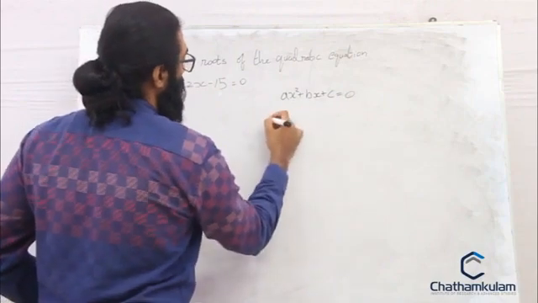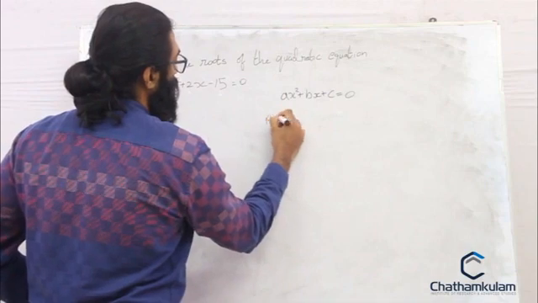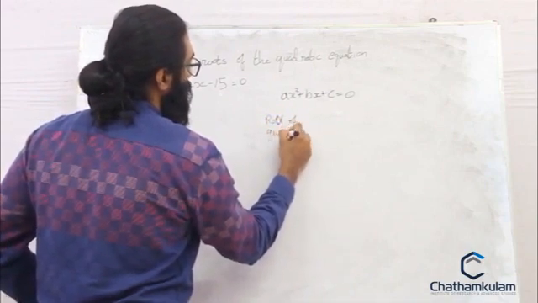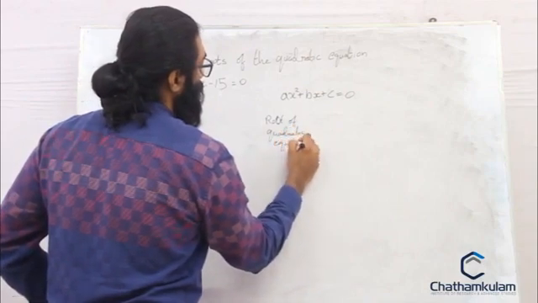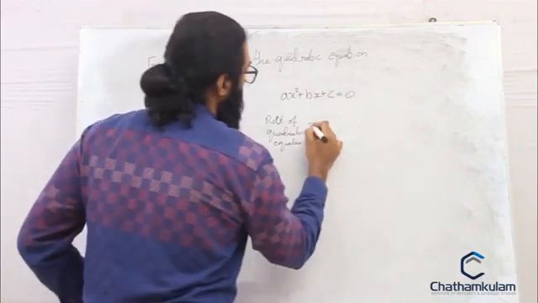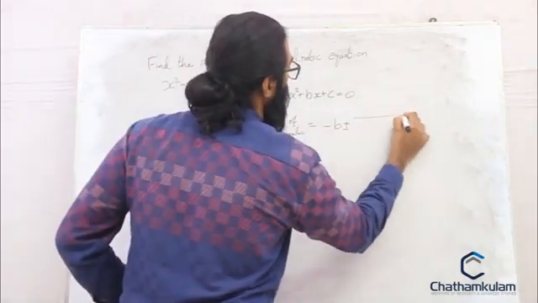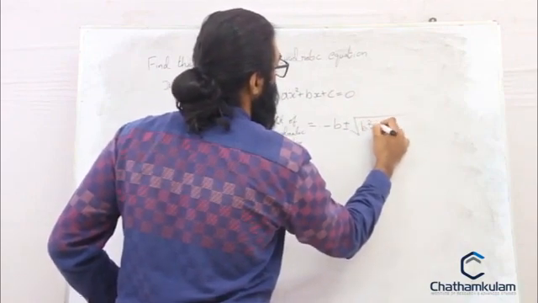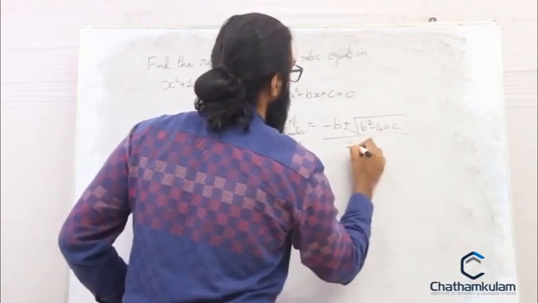So the formula to find out the roots of this general equation is: the root of the quadratic equation is given by minus b plus or minus root of b square minus 4ac divided by 2a.